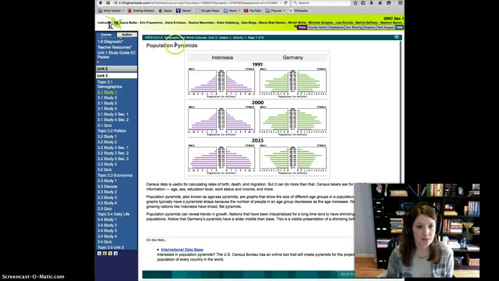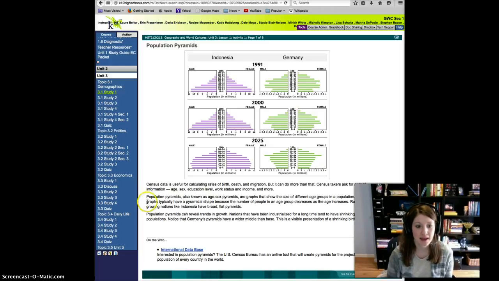Population pyramids. It's important that you know how to understand and look at a population pyramid. Census data is useful for calculating the rates of birth and death and migration, but it can do more than that. Census takers ask for a lot of information: age, sex, education level, work status, income, and more. Population pyramids, also known as age-sex pyramids, are graphs that show the size of different age groups in a population.